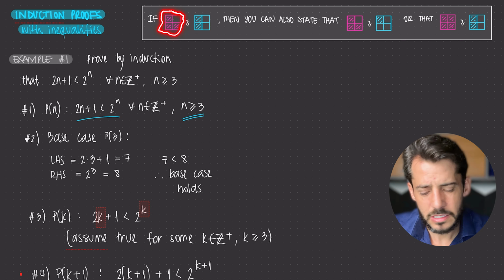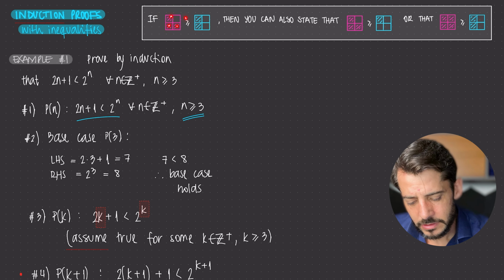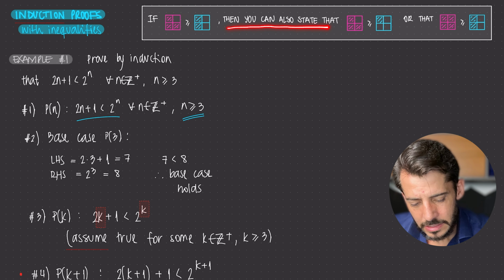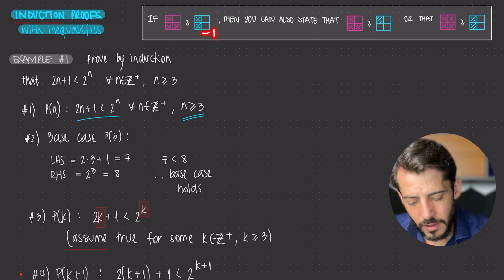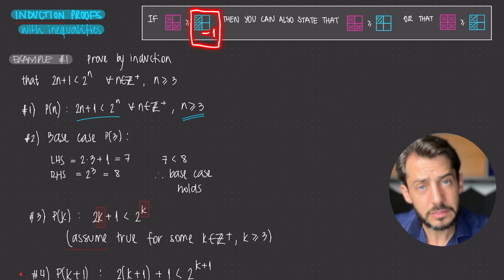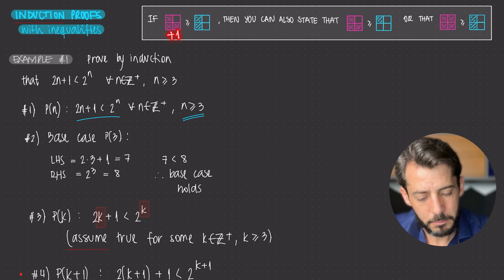Think about this as the number 3, so 3 little squares. If 3 is greater than or equal to 2, that means that you can also state that 3 is greater than or equal to 1, which means you decrease from the smaller side, or you can say that 4 is greater than or equal to 2, which means that you increase the bigger side.